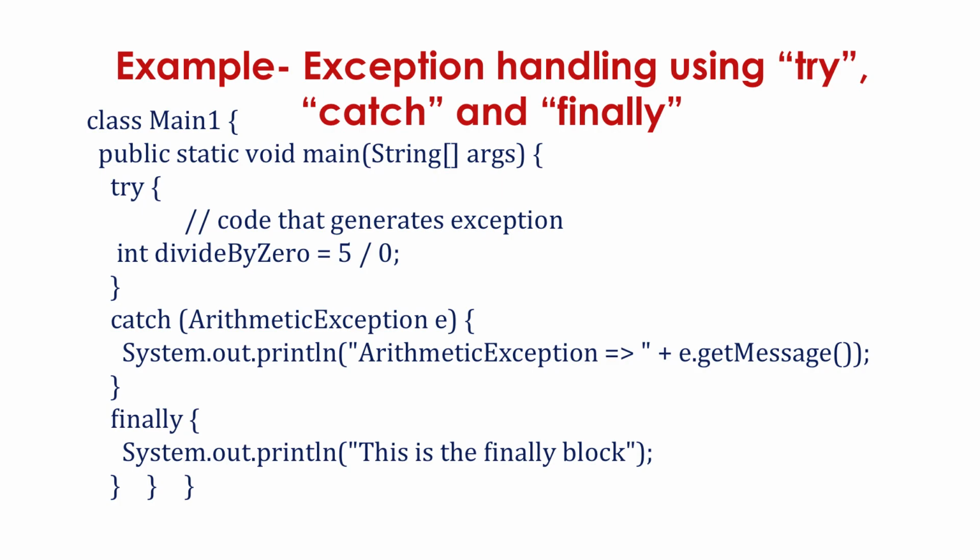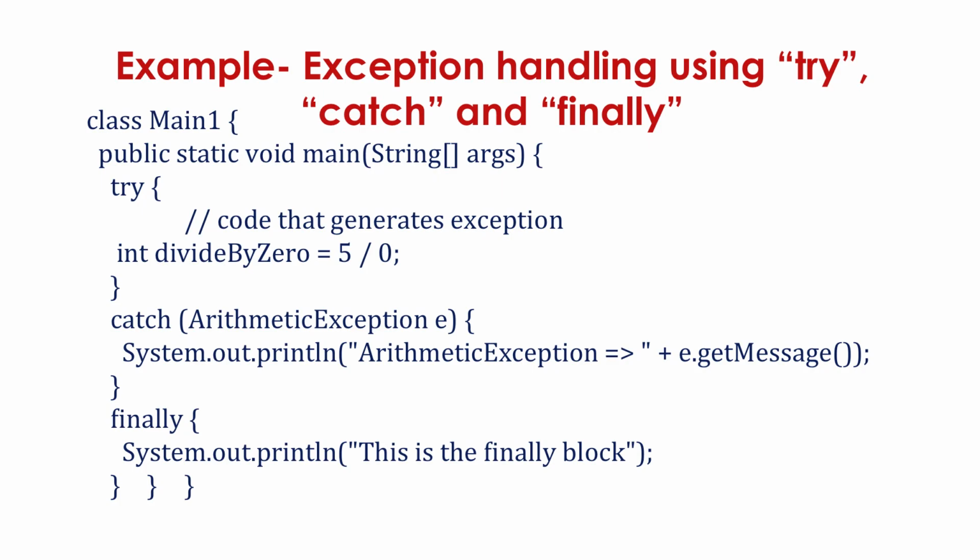We are trying to cause an exception. The probable exception code is here; such a line of code can lead to errors and can lead to an exception. Just after the completion of the try block we have mentioned the catch block, and the catch block takes the argument ArithmeticException.